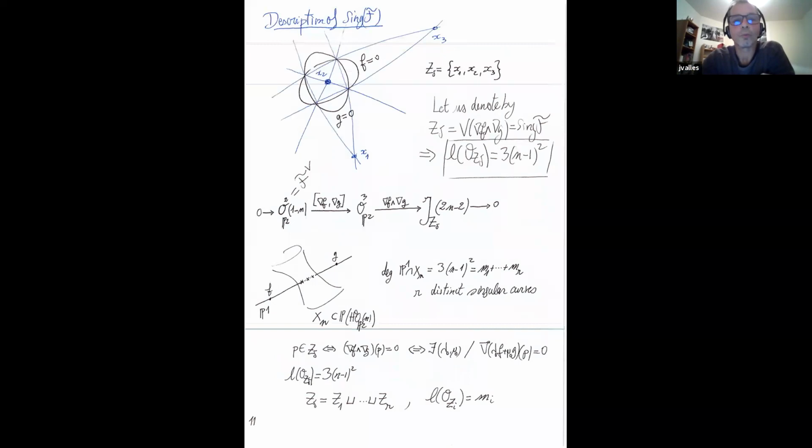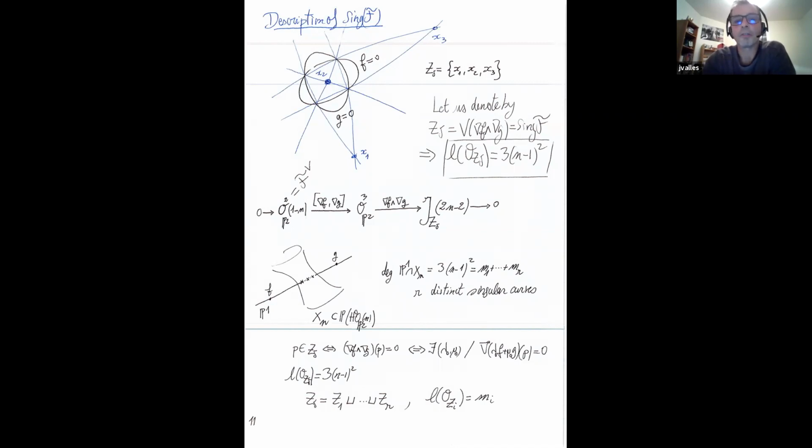It's not written in the good order, so please read the last three lines. So zeta delta is the name of the singular locus of F. A point belongs to this singular locus of F if and only if the three polynomials nabla F wedge nabla G vanish at P. But this is equivalent to the existence of a linear combination such that the derivation of both is zero.